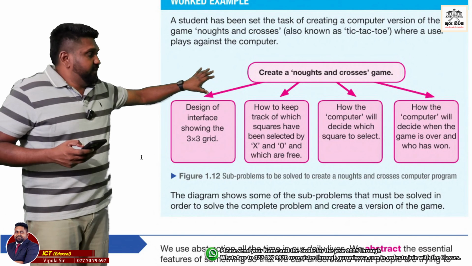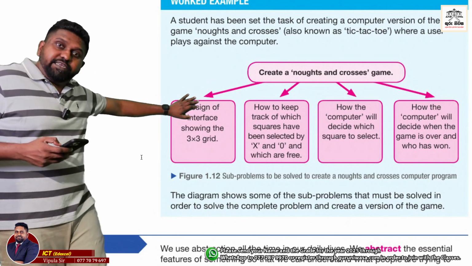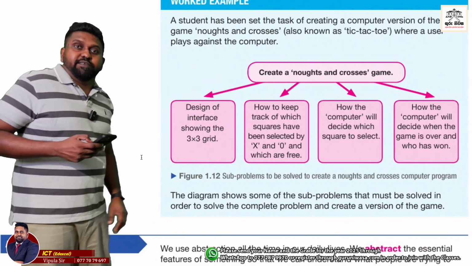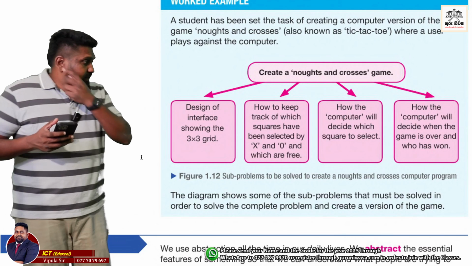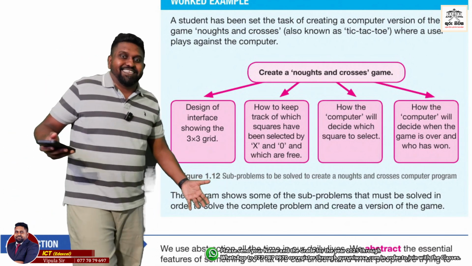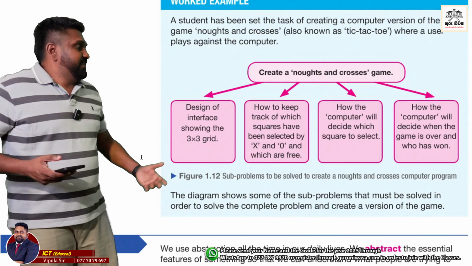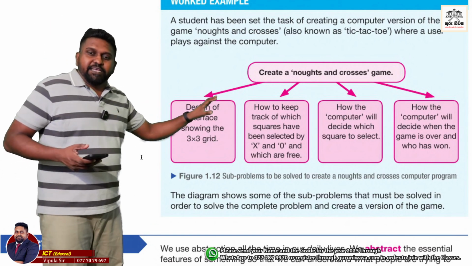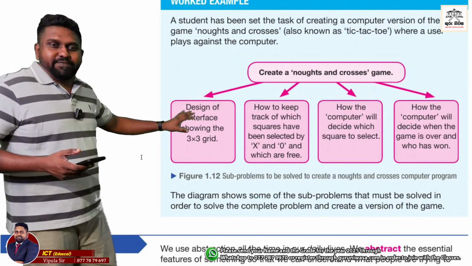So what are these? First of all, we need a design and a user interface, right? You have seen games, and the primary component of a game is the user interface, right?